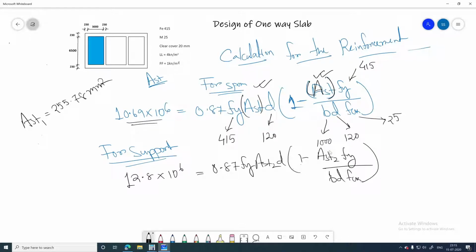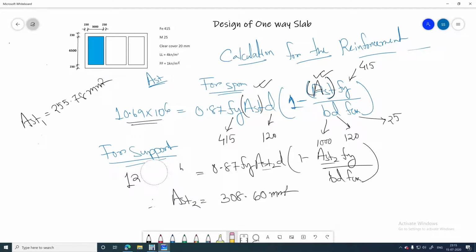Every value is the same, we just need to determine AST2. The value of AST2, for the support moment, that we got is 308.60 mm square. So this is for the span moment, this is for the support moment.